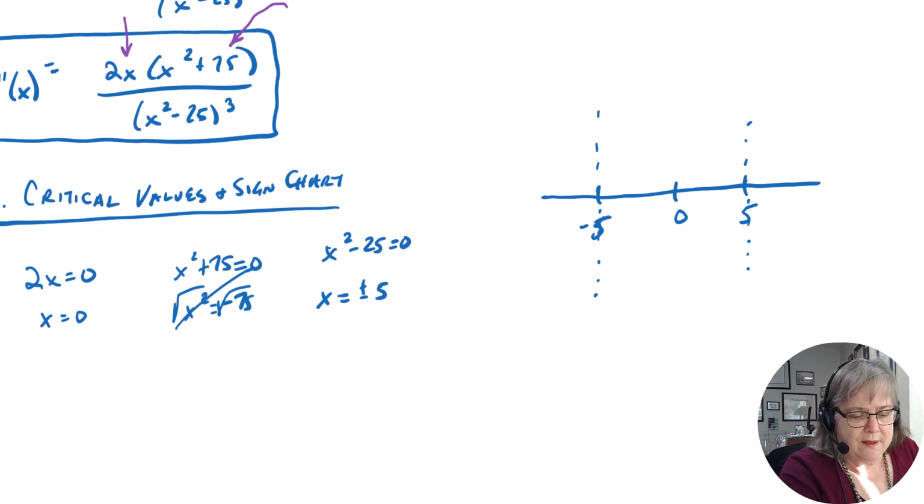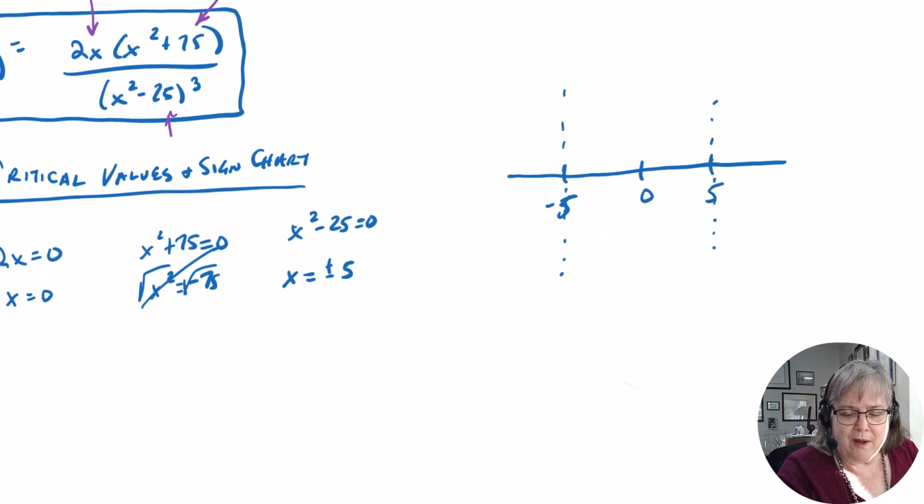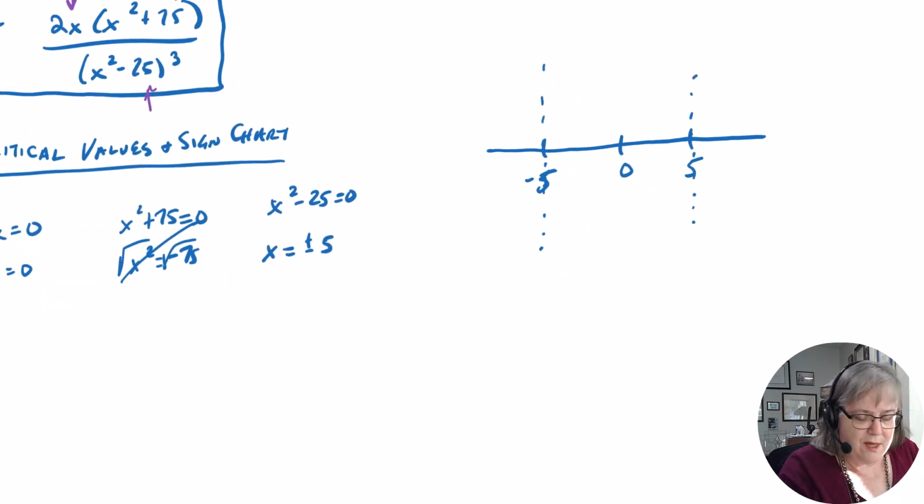But this x and this, since it's cubed, could be negative or positive. So we're going to actually go through the test. I can't find a way to make, like we did in the earlier one, where we said, oh, look, if you think about it, they're all going to be positive except for that negative in the front. So we just didn't have to go through the testing, but I think we do now.